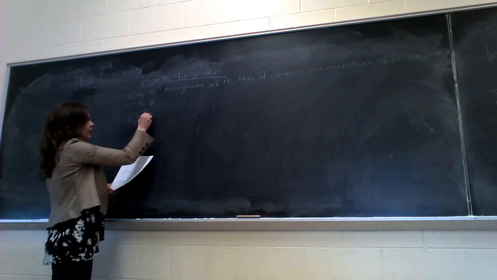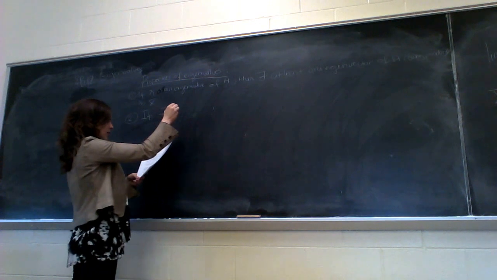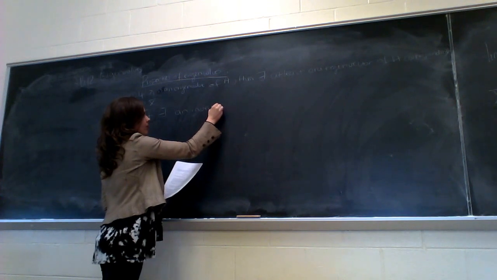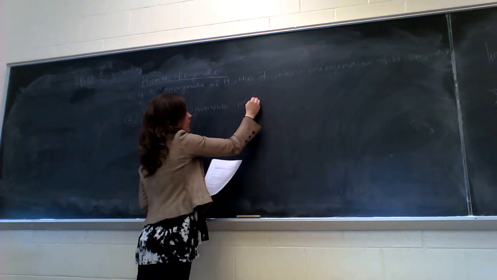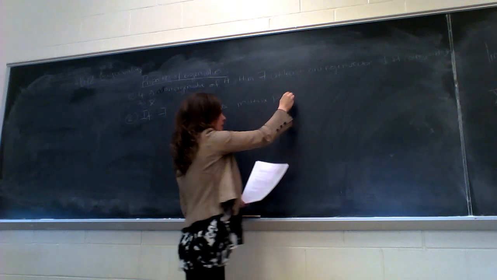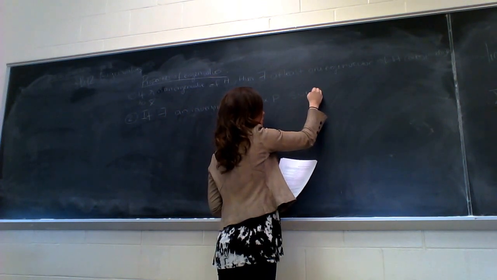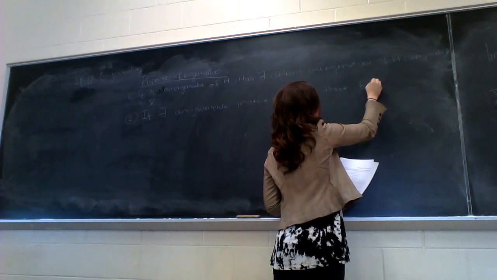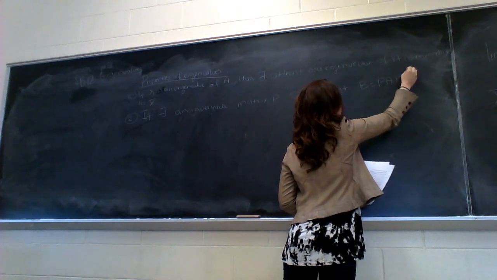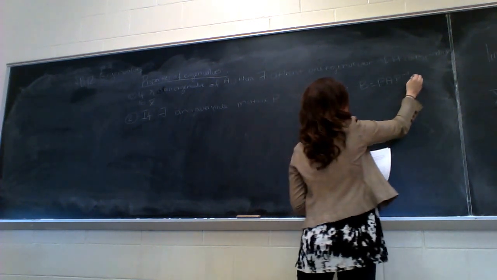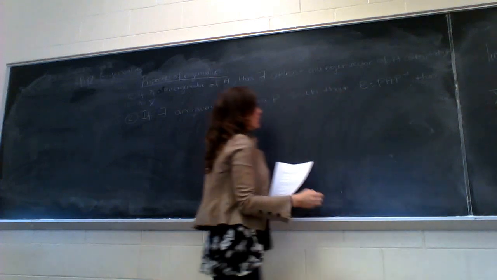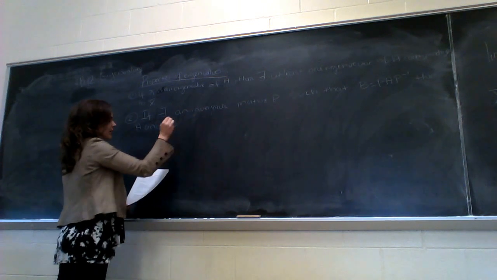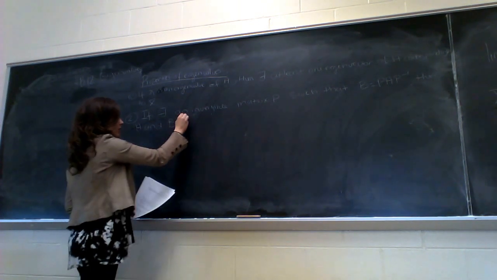So secondly, if there exists an invertible matrix P such that B equals P A P inverse, then the two matrices A and B have the same eigenvalues.